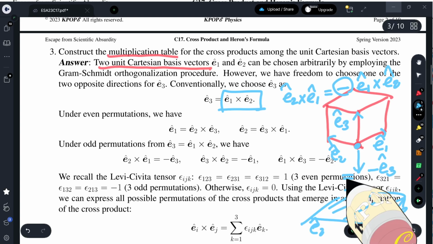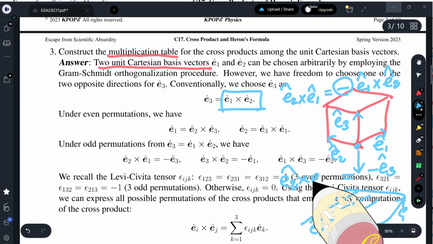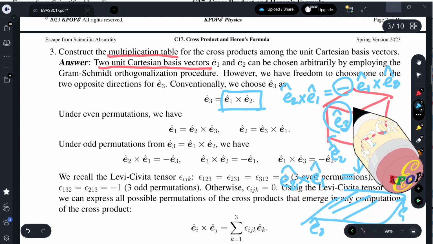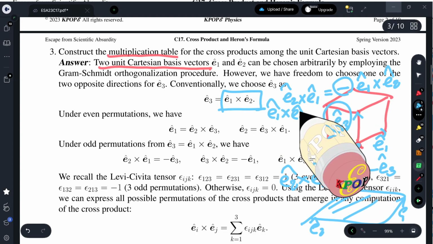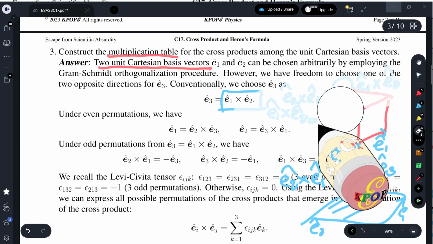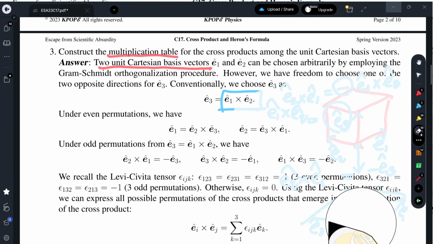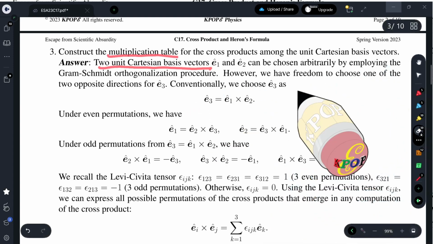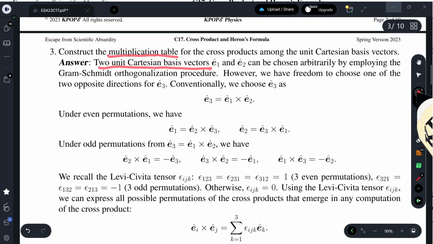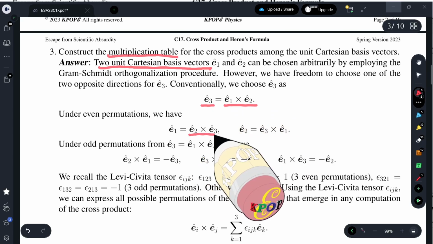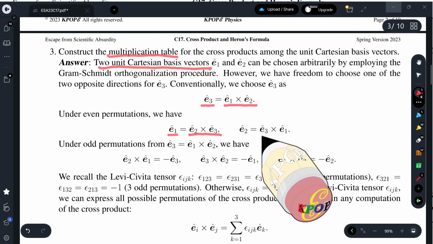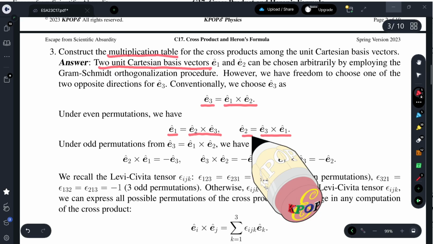And this is e2 cross e1, and this is e1 cross e2. So 1 cross 2 equals 3, 2 cross 3 equals 1, 3 cross 1 equals 2.